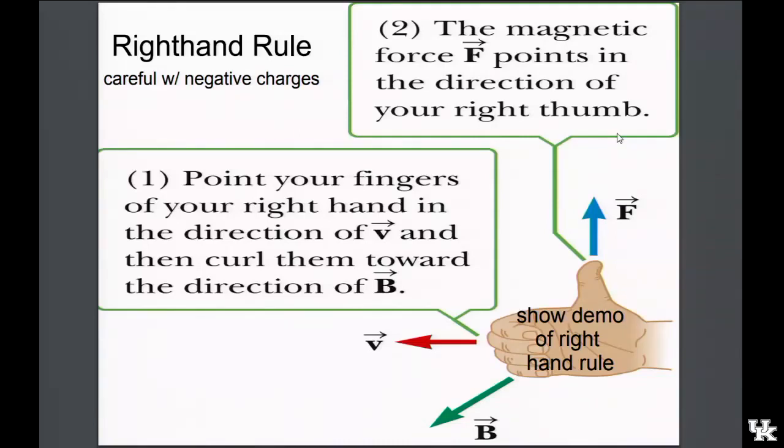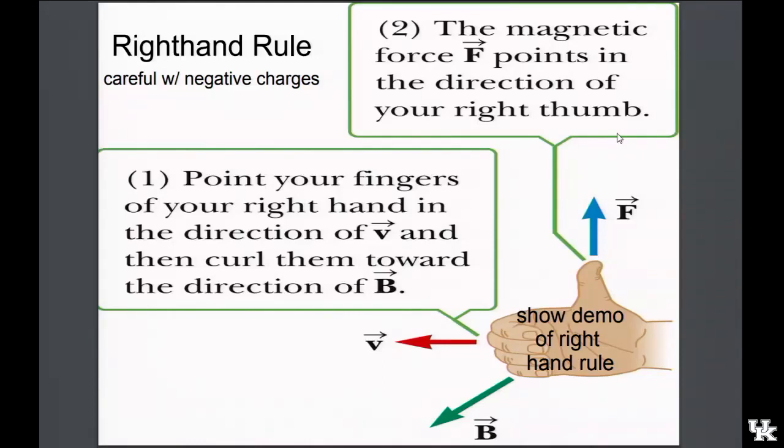You curl your fingers of your right hand in the direction of the magnetic field. If I curl them this way, it would be that the magnetic field line is going from left to right across the room. There's only one way you can curl your fingers without pain, so you curl your fingers in the direction of the magnetic field. Your thumb then will naturally point in one direction. That will be the direction of the magnetic force.